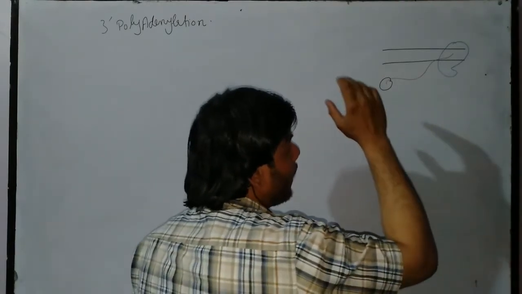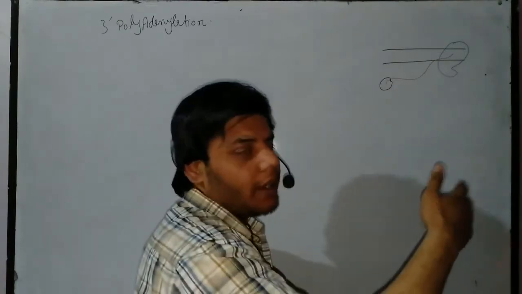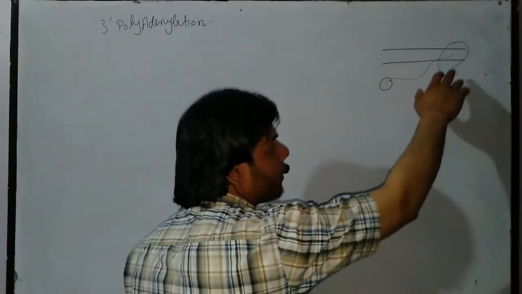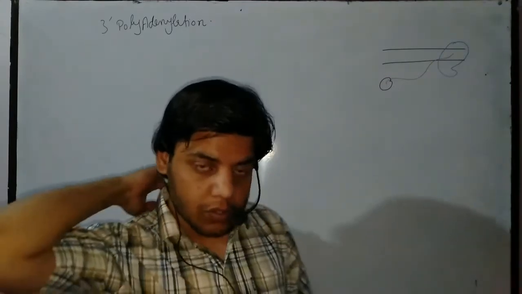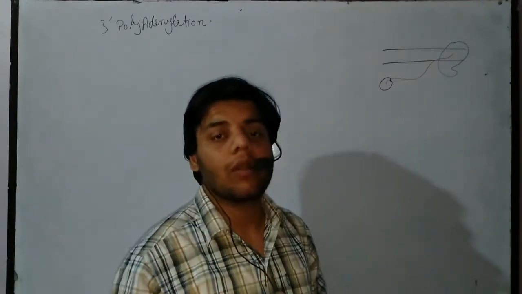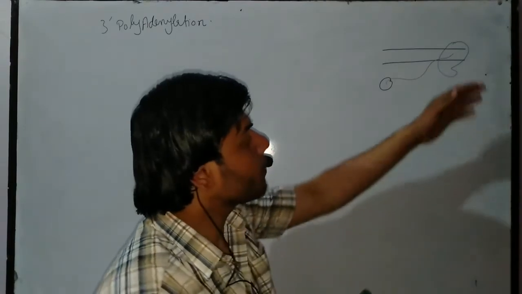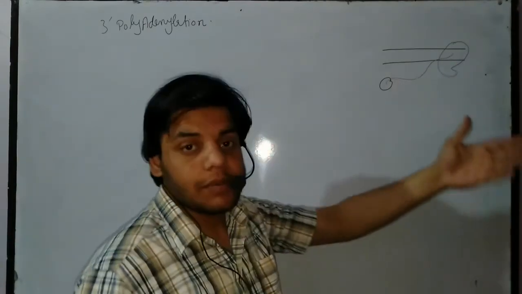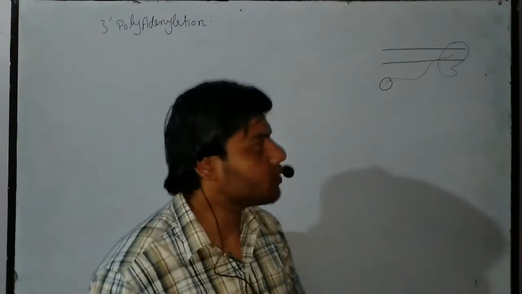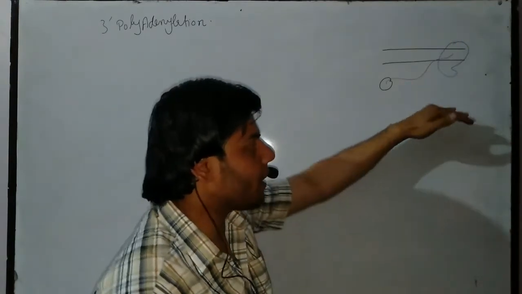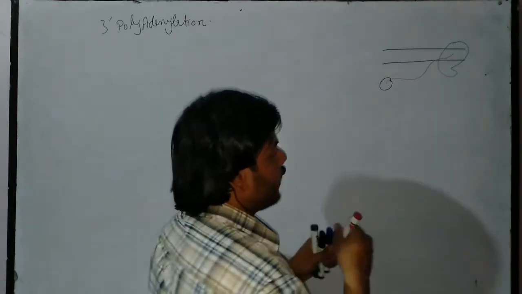After about 50 to 60 nucleotides are added, 5' capping occurs. After that, the RNA polymerase will encounter a signal, which we call the termination signal or termination sequence. This activates proteins which we call cleavage factors, and the cleavage protein cleaves the RNA, and we get the RNA like that, as you can see.